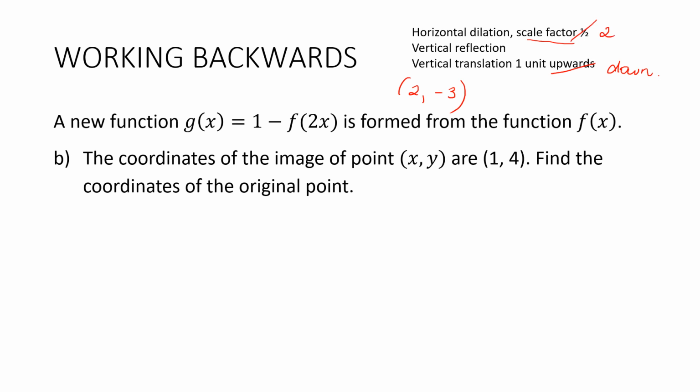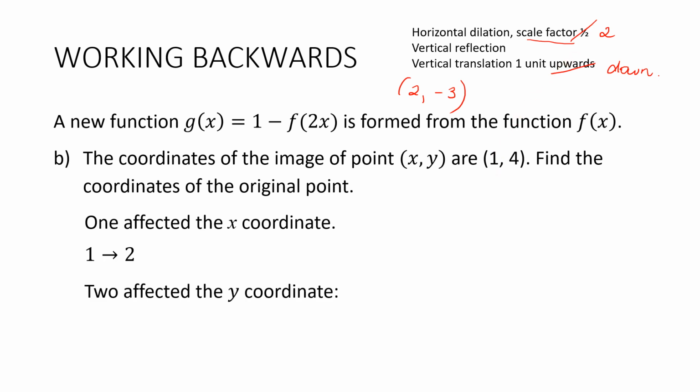All right, let's start with the x coordinate like before, because there's only one transformation that affects it, and that's that horizontal dilation. So I'm going to take my 1 and I'm going to double it. There are two transformations that affected the y-coordinate, the vertical reflection and the vertical translation.